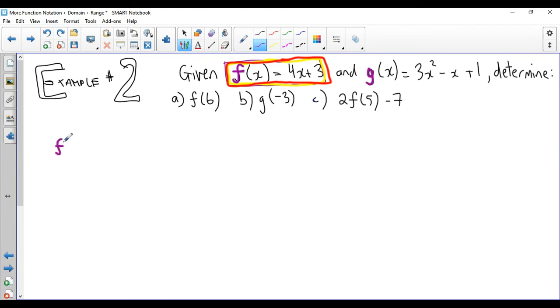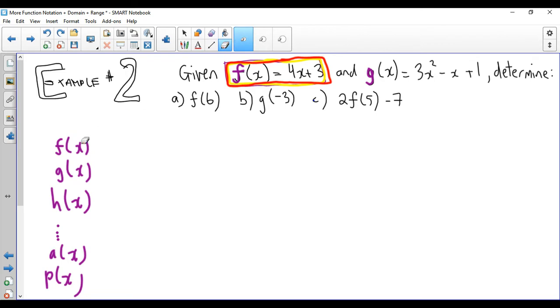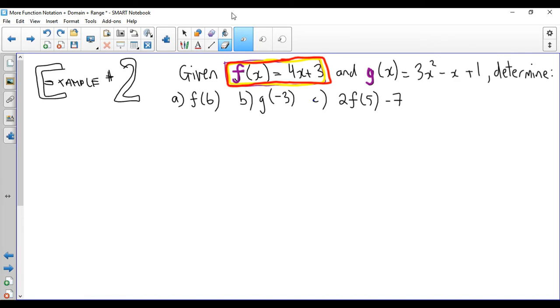You could have f of x, g of x, h of x, any letter of the alphabet, a of x, p of x, whatever. And we just introduce this function g of x because it's different than f of x. If I call this f and this f, then we're making some critical mathematical mistakes because clearly they are not the same.